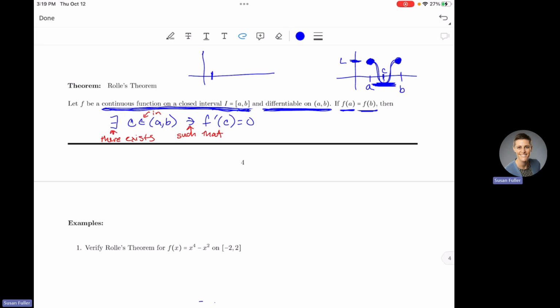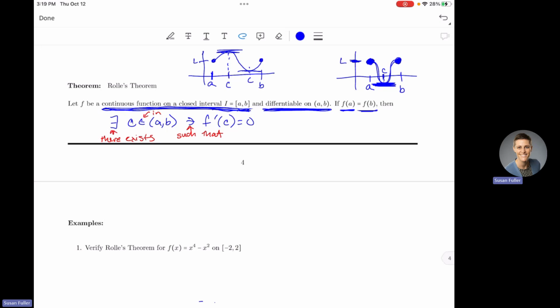So let's say we start and end at the y value L. If our function does something like this, then we're going to have one here, and we're going to have one over here as well. Right here, we're going to have two c values. But because we're continuous, if we go up or down, we're going to have to change direction to come back down.